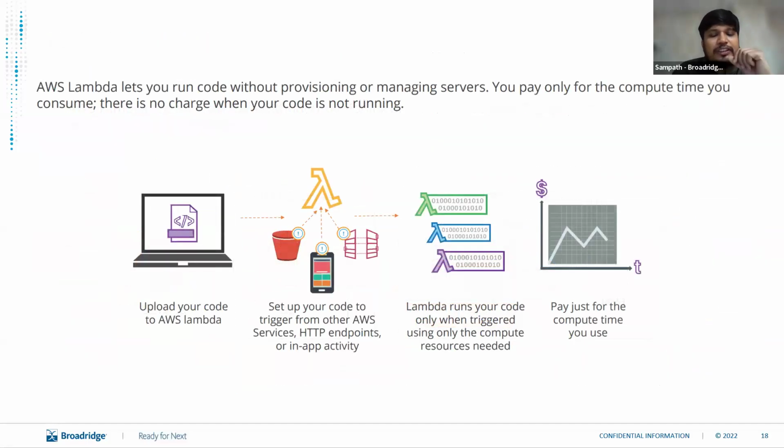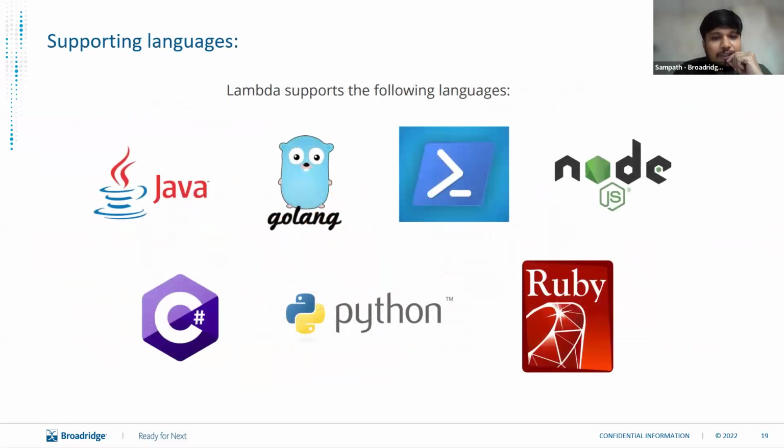So what languages does Lambda support? Java, Golang, Python, Node.js, Ruby, C Sharp. These are the languages where you can write your code and deploy it onto Lambda.